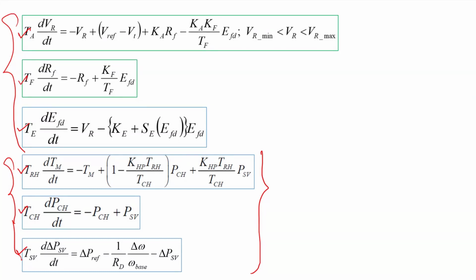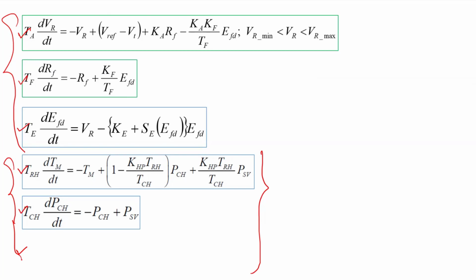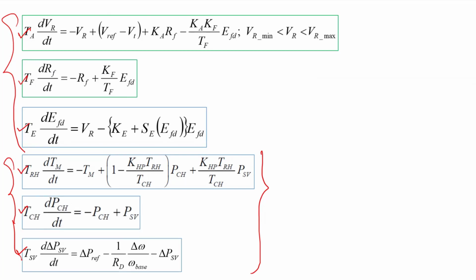So now we'll derive the steady state condition from these dynamic equations that we have studied till now. I already told you the importance of the steady state condition: we want to find out the terminal conditions of the generator when it is connected to the network.